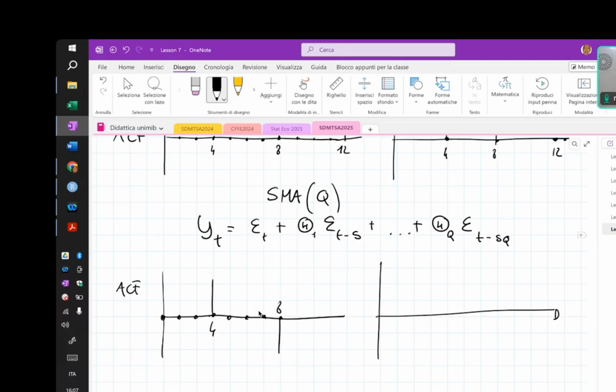Okay, and the PACF, then you have instead the gradual decline towards 0. Again, you may have opposite signs. It doesn't really matter what the signs are, but it goes to 0 eventually, gradually.